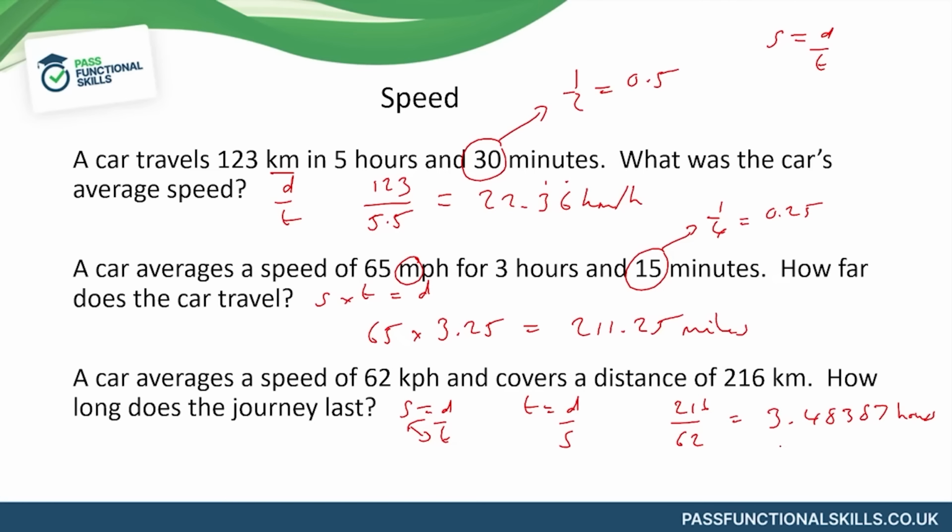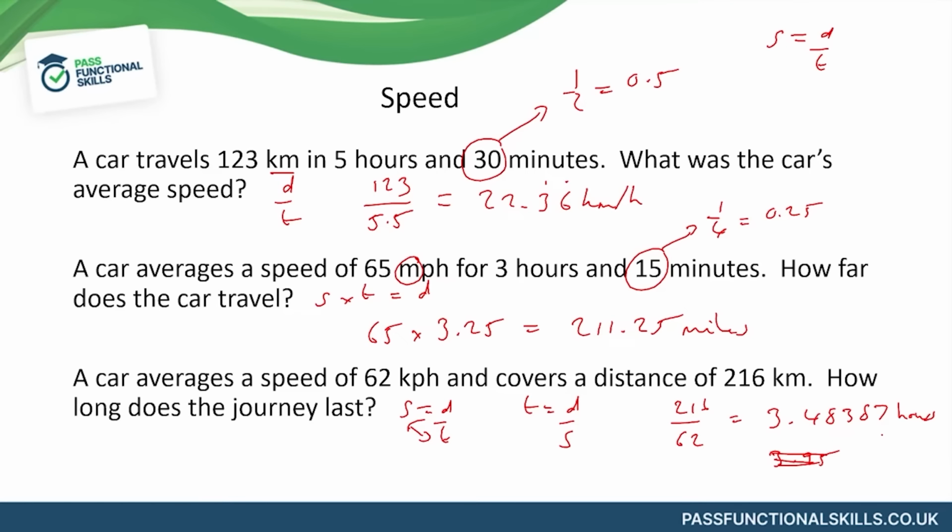Now you might be asked to put this in terms of hours and minutes. Now I know a lot of people will think that that is 3 hours and 48 minutes. Unfortunately not. You could do a calculation where your calculator might say 3.95. That couldn't possibly mean 3 hours and 95 minutes, because 95 minutes is greater than an hour.